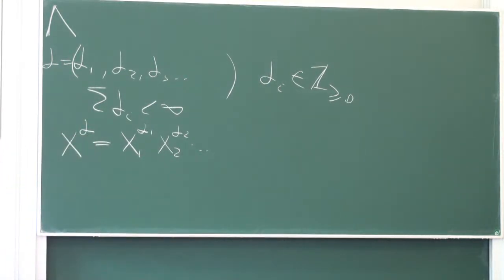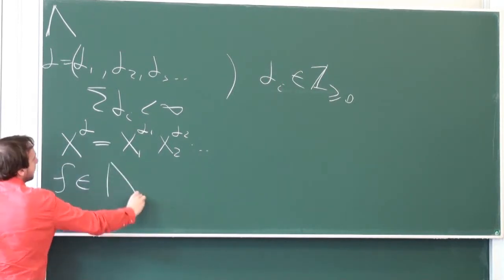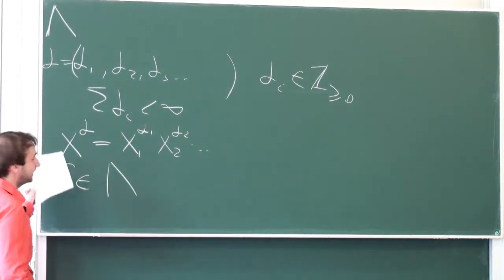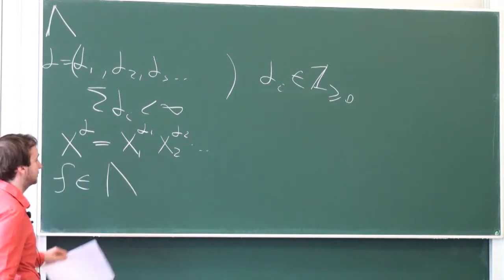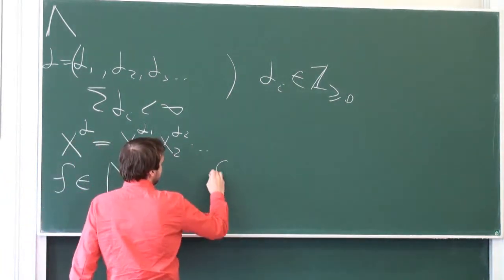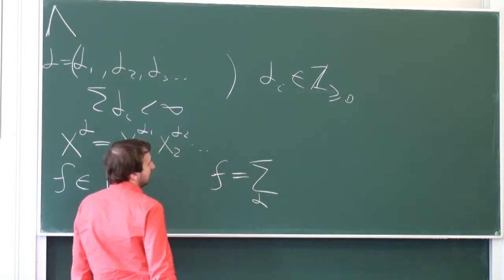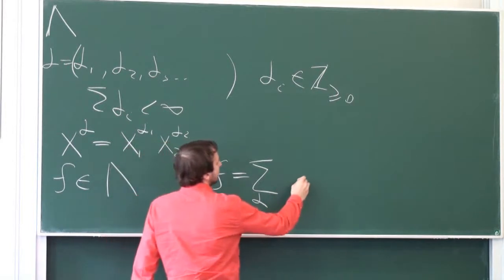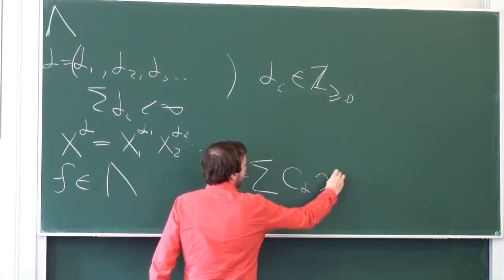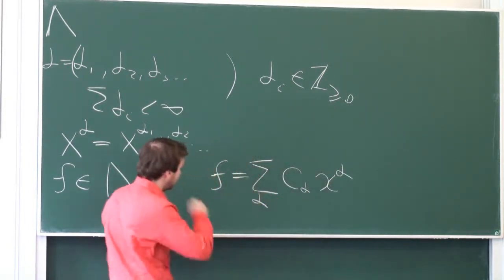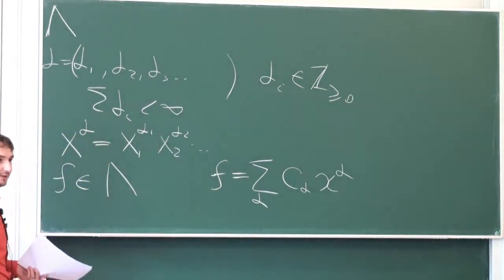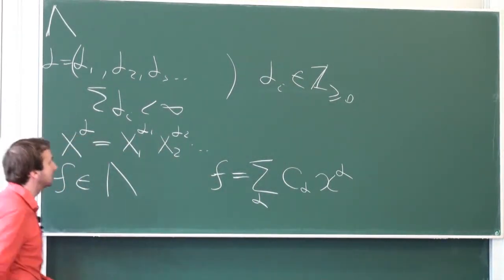Now we define the algebra of symmetric polynomials by the following simple definition. We say that an element f of this algebra is a power series in variables x1, x2, x3, and so on. This element can be written as a sum over all multi-indices of coefficients times monomials. And this sum should satisfy two properties.